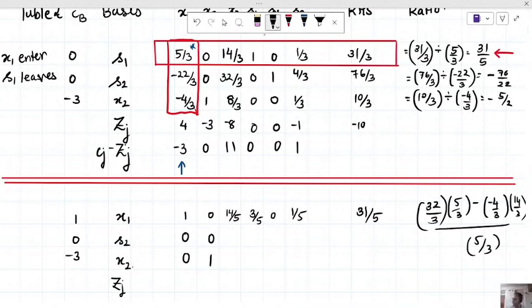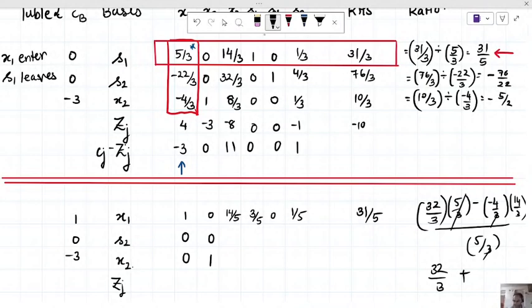So 32 by 3, 5 by 3, when you calculate everything, this is 32 by 3 minus minus plus, and then 3 and 3 get cancelled.